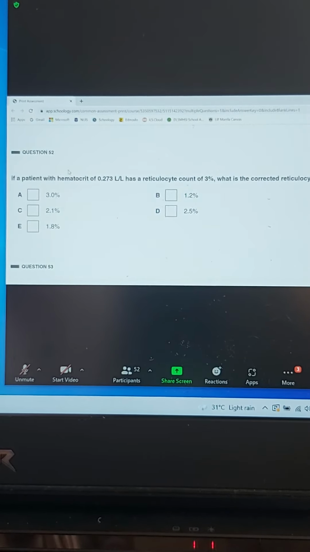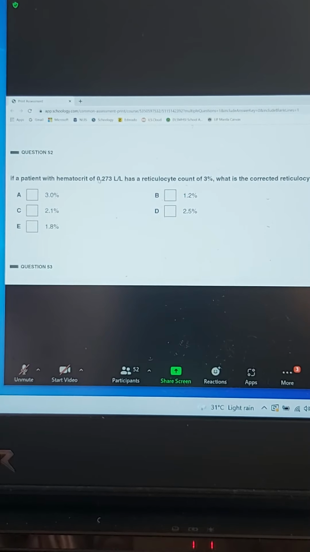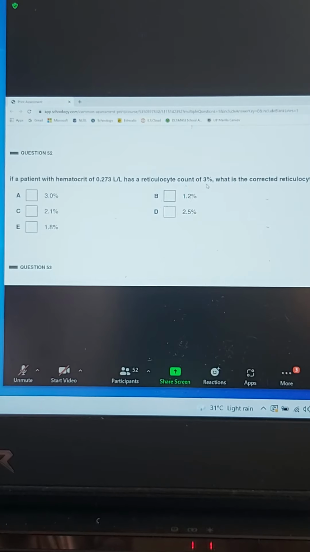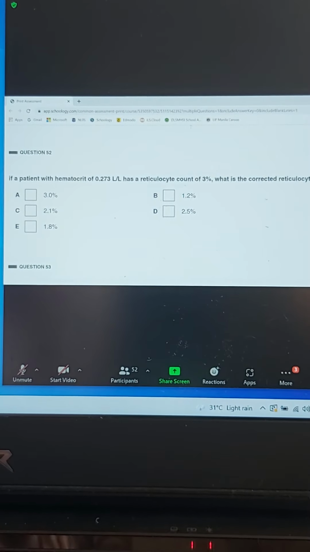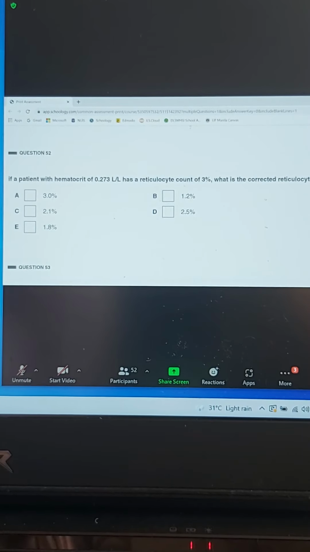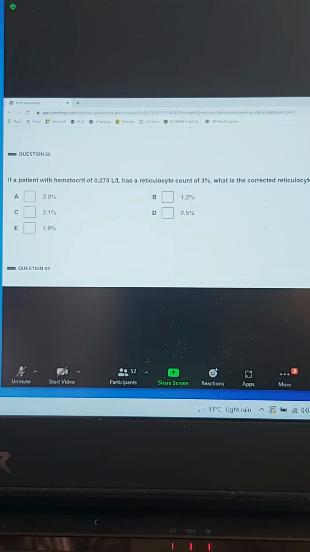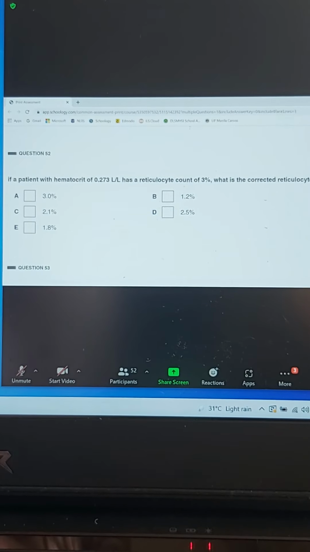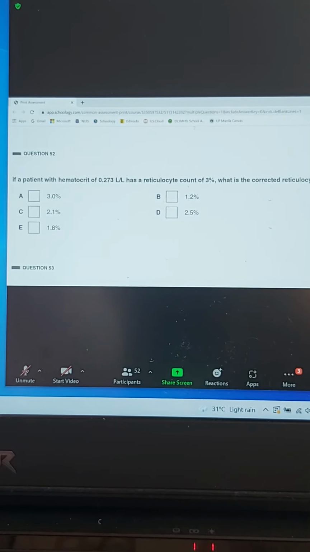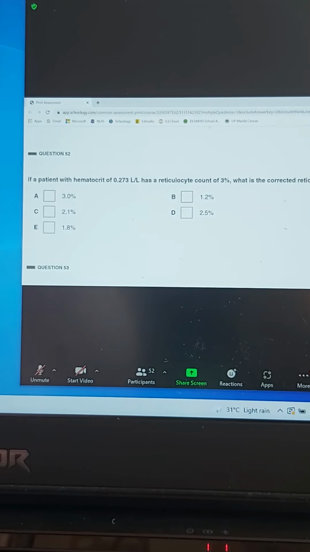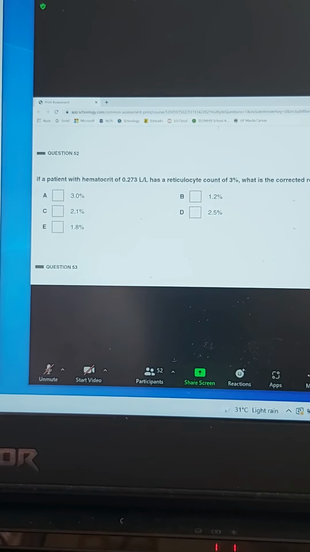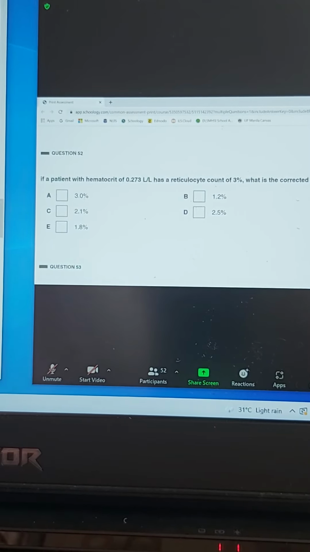Alright. If a patient with hematocrit of 0.273 liters per liter has a reticulocyte count of 3, so what is the CRC? Letter E, 1.8%. So paano siya na-compute? Reticulocyte count multiply by hematocrit over 45.